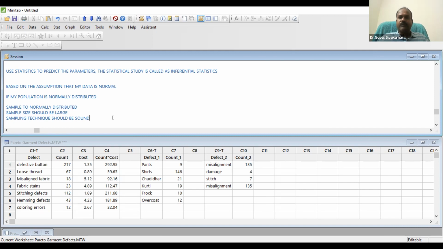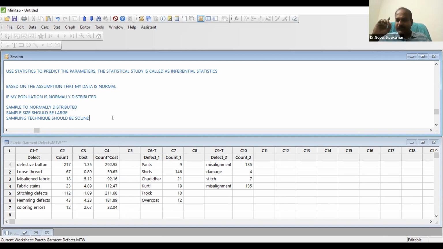Same logic you should follow. When you are taking a sample, you should cover the entire population. There is no point in taking a sample only from a certain area, and you can't expect the sample statistics to approach the population parameter. It will never happen. If you want your sample statistics to give you a clear idea about the population parameter, your sample should be spread across the population.